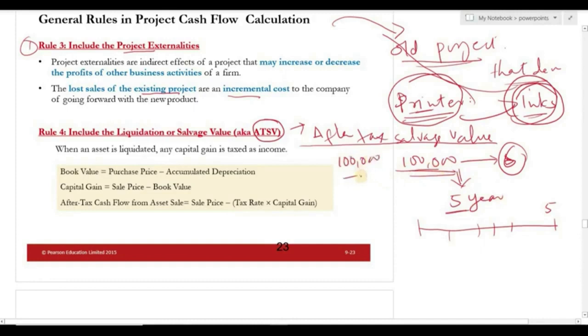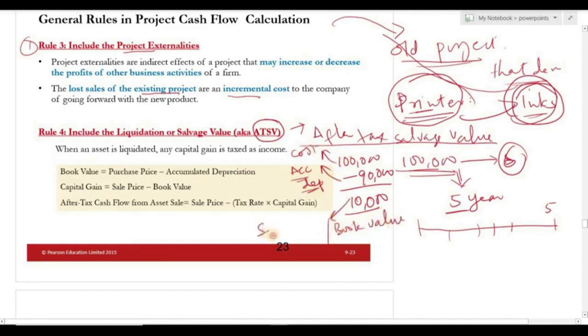For instance, after 5 years, the depreciation charge is, let's say, 90,000. So how much is left? 10,000, right? So this is called the accumulated depreciation, right? Total depreciation, and this is the cost, and this is called the book value, or it is also called the salvage value.